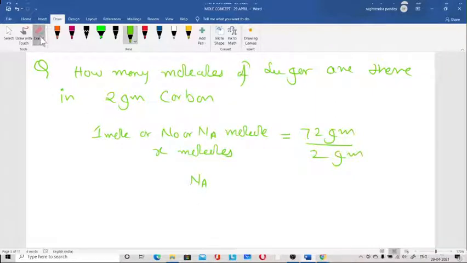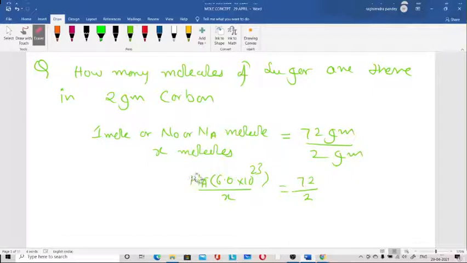Na is 6.02 into 10 to the power 23. I am omitting this one, it's not required. So 6.0 divided by X is equal to 72 by, and I should not write Na because it's confusing here.